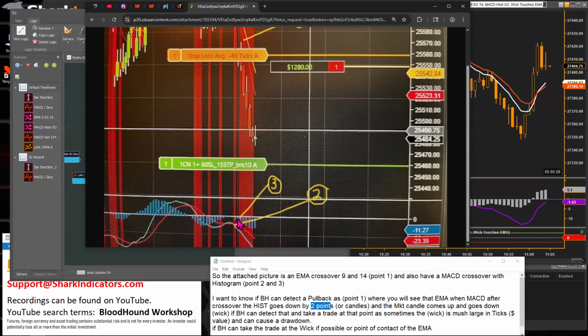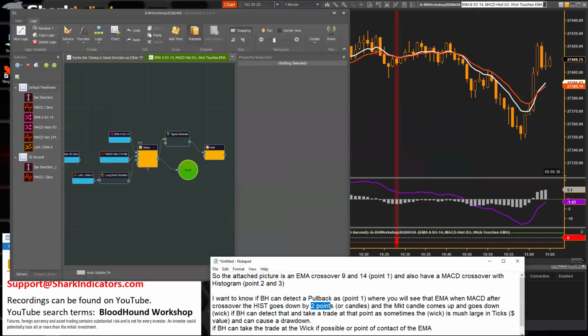I'm not sure which MACD lines you're referring to in this comment at the top there. So we'll circle back around to these MACD crossovers that are being wanted, and for now I'm going to continue on with the other comments or questions.